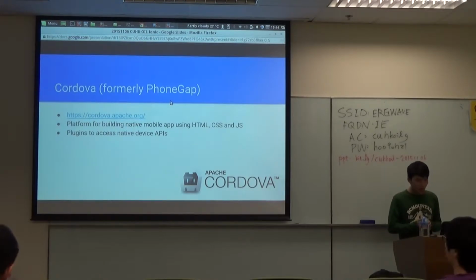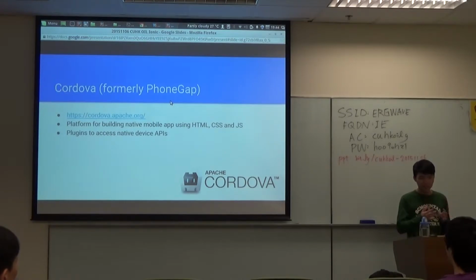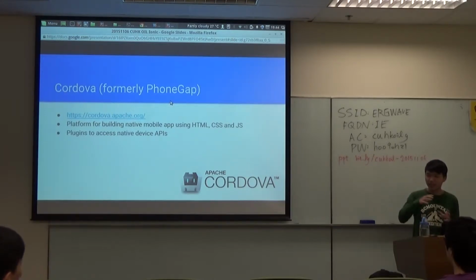So what's Cordova? Cordova wraps your HTML, CSS, and JavaScript into an app. Actually, what Cordova does for you is that when you have HTML, CSS, and JavaScript, it just packages it into an app, and then it will be shown using the system's internal browser.